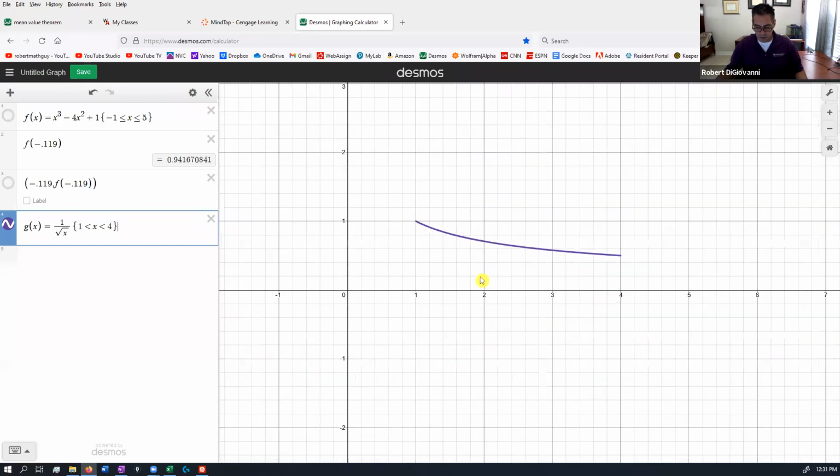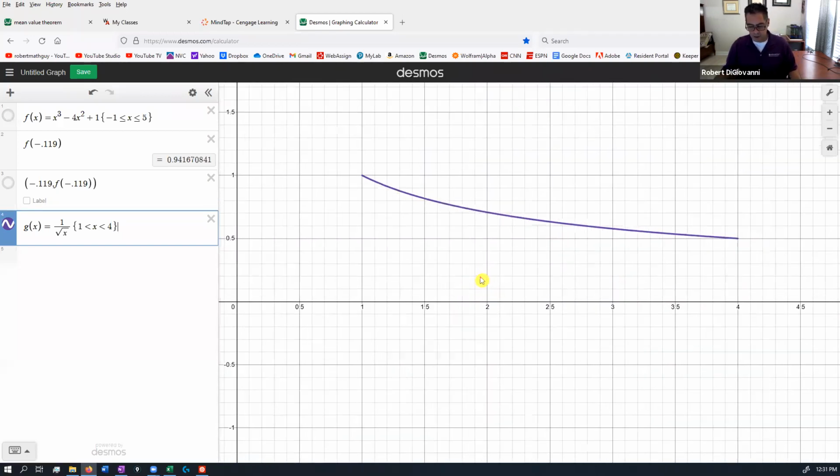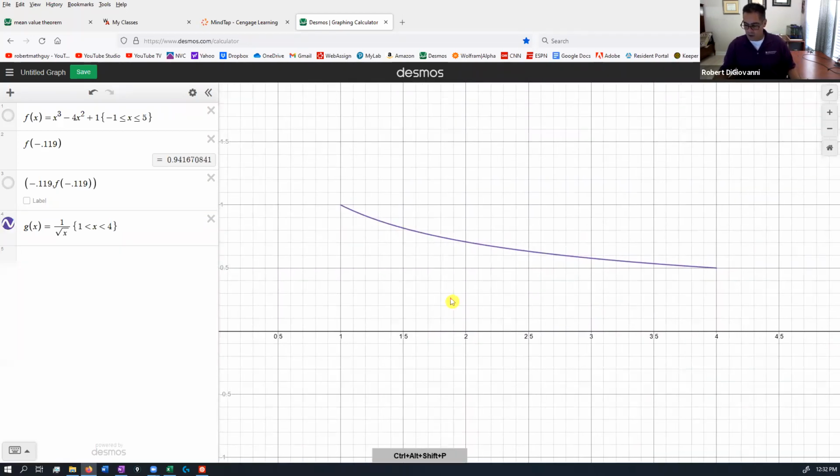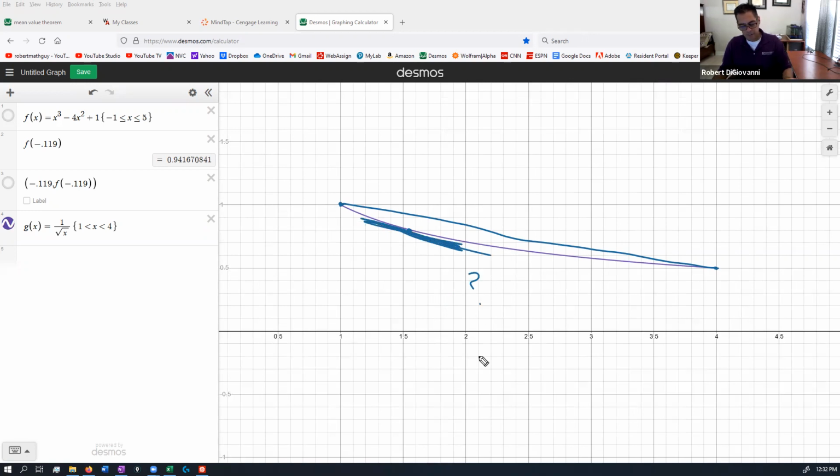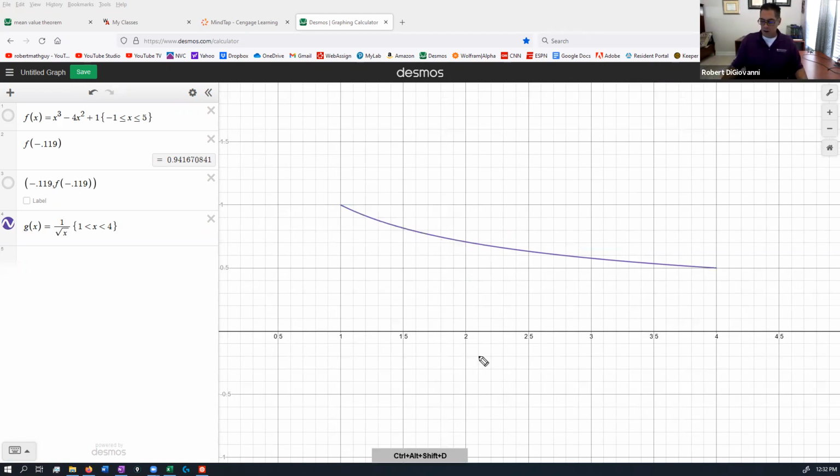All right, so if we zoom in on this, if we were to connect these two endpoints with a straight line, we're trying to figure out where in here we go to get a tangent line that would be parallel to that. Where is it? Okay, if we need to figure it out. All right, well, let's do it.